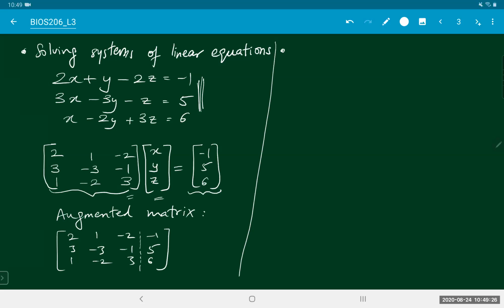Now I'm going to introduce my elementary row transformations. The first one is exchange any two rows.